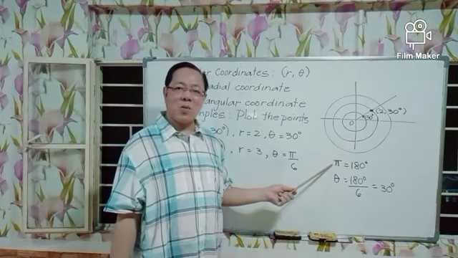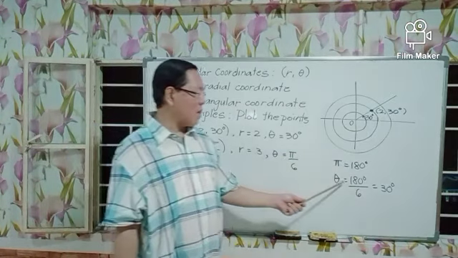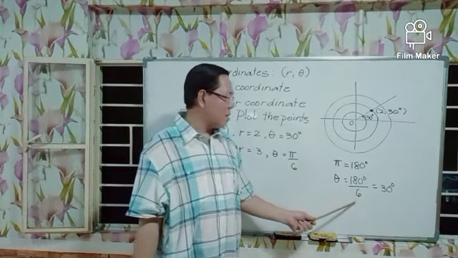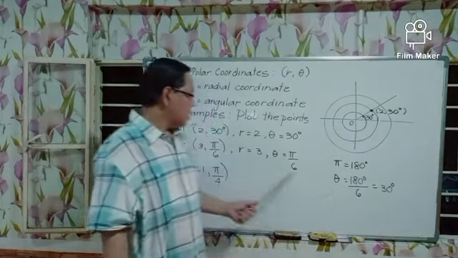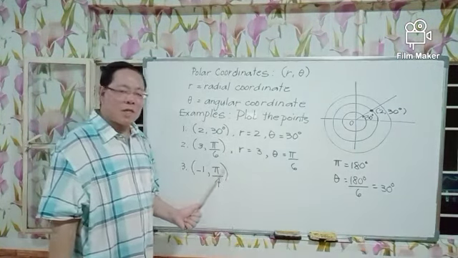If pi is equal to 180 degrees, we replace pi with 180 degrees and we get 180 degrees divided by 6, we get 30 degrees. Hence, this point is the same as 30 degrees.